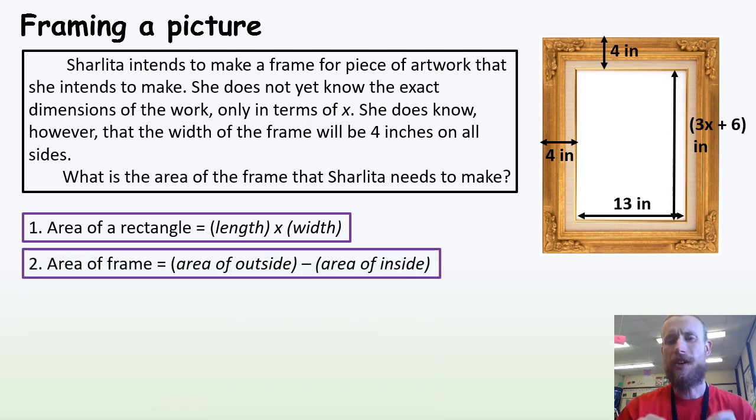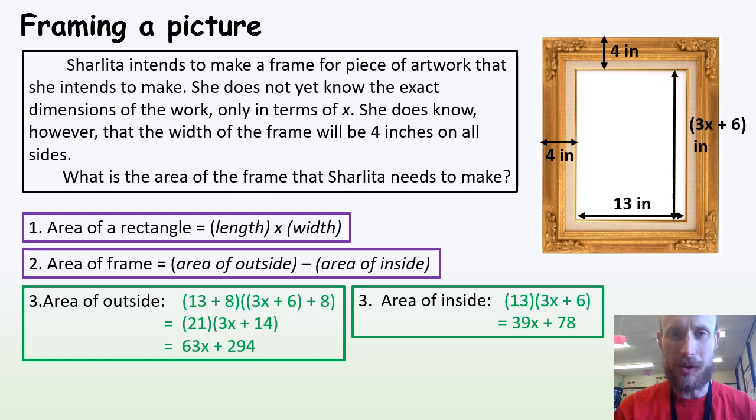Second, the area of the frame itself, the gold part that we see in the picture, is going to be the area around the outside of the frame minus the area of her picture, which is the area of the inside, right? So this is a very important idea that when we take a hole out of something, and a frame is basically a rectangle with a rectangular hole, we subtract. That's why it's in this section: we're subtracting an outer area minus a smaller inner area.